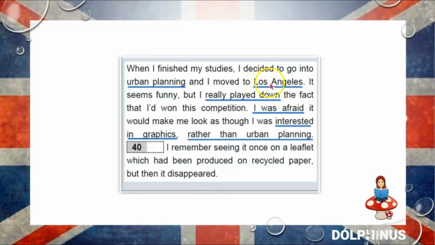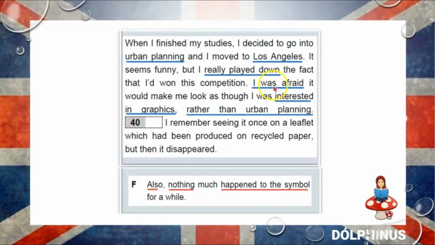Then he moved to Los Angeles and he focused on urban planning instead of design. However, he was constantly mentioning that he had won the competition, and for this reason, he was afraid that they would think he was more interested in graphics than urban planning. The idea is that he shouldn't have worried.